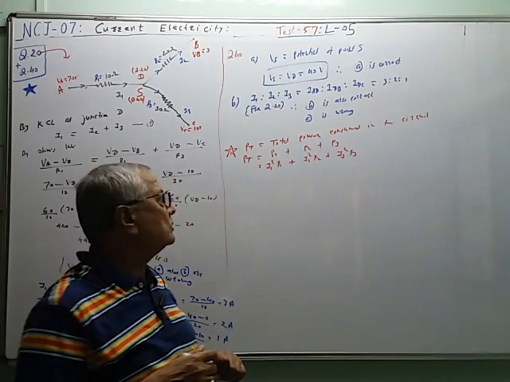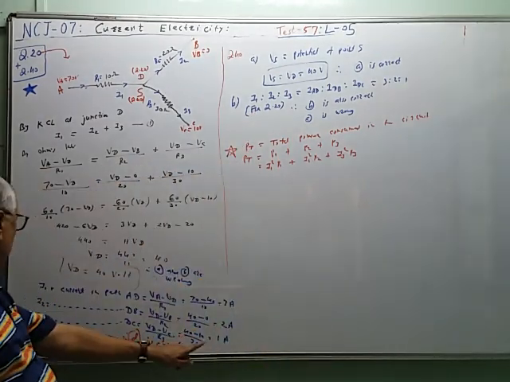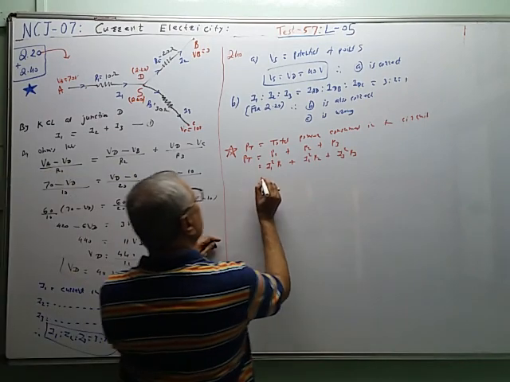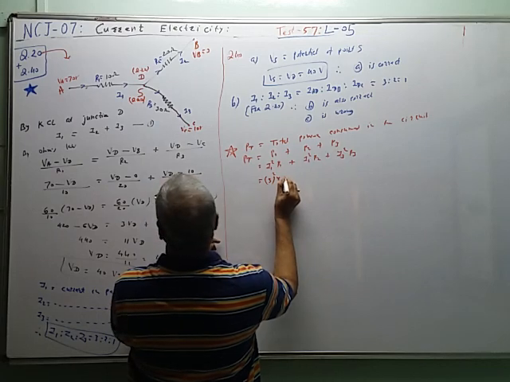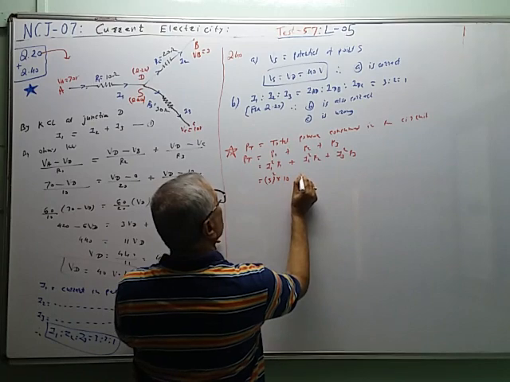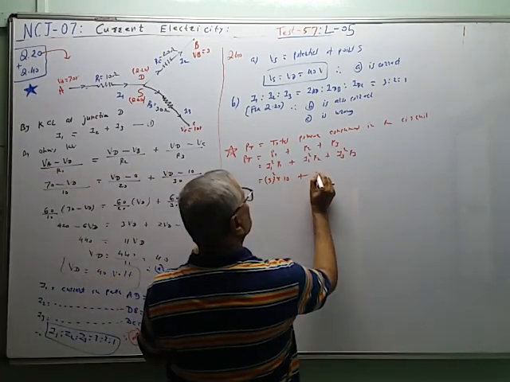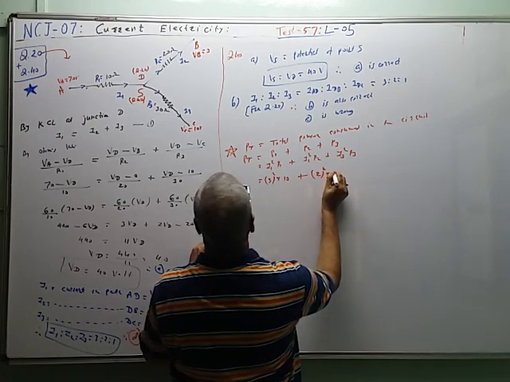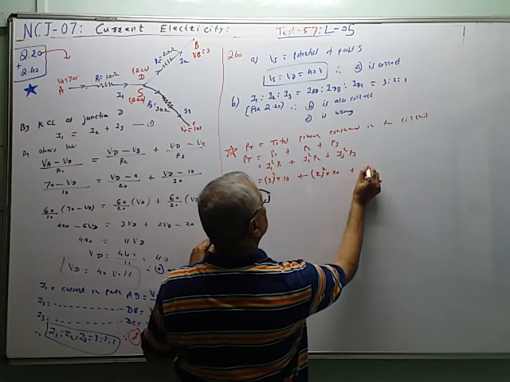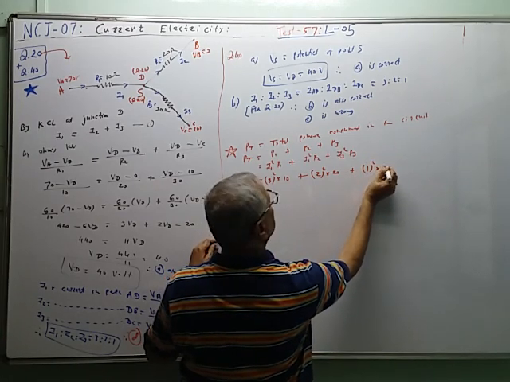So now substitute the values. I1 is equal to 3 ampere. So 3 square multiplied by R1, which is 10 ohm, plus I2 is equal to 2 ampere multiplied by 20, I3 is equal to 1 ampere multiplied by 30.